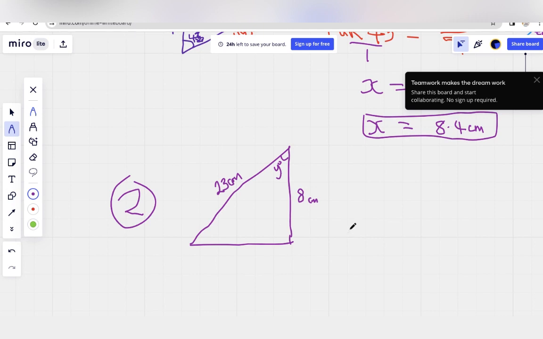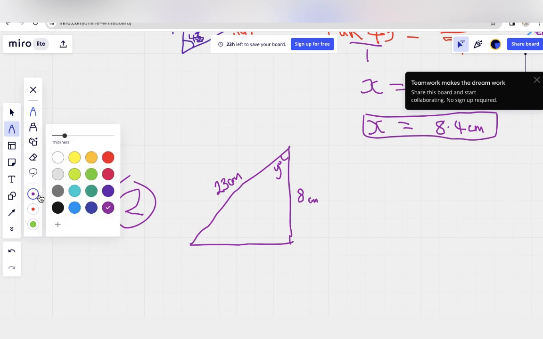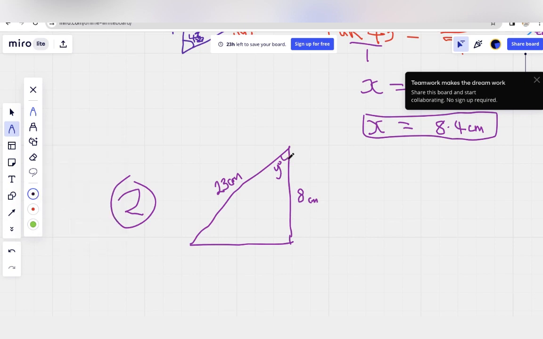Okay, so if you look at this, the opposite is here. They didn't give us anything on the opposite side. So beside the angle, this side is adjacent. Here is a right angle triangle, which is your angle 90, and here is your hypotenuse.